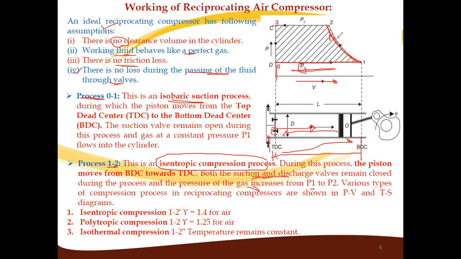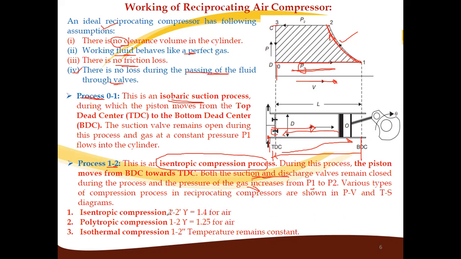So various types of compression process in a reciprocating compressor are there, that we will show in the PV and TS diagram in the next slide. So there are three types of process. Now in this diagram we have the isentropic compression process, where the value of gamma is 1.4, that is for air.